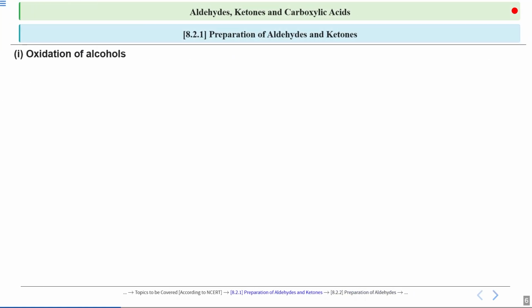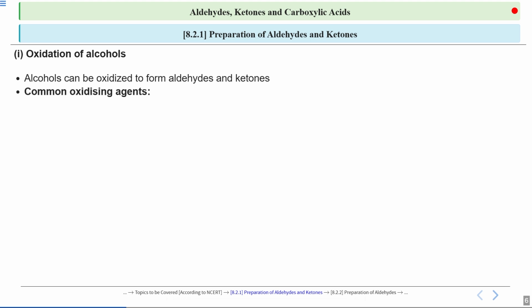So let's start with the first method, which is oxidation of alcohols. Alcohols can be oxidized to form aldehydes and ketones. There are certain common oxidizing agents which we use to achieve this oxidation.